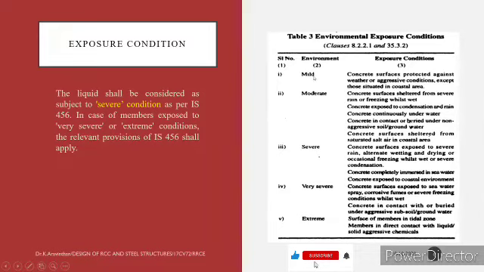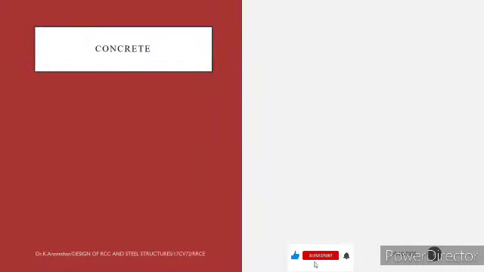Like that, from mild to extreme you have exposure conditions for the structure. So while designing the water tank you should at least consider the severe environment. A water tank should not be assumed as moderate or mild. From severe you can assume very severe or extreme condition as per the guideline of IS 456.